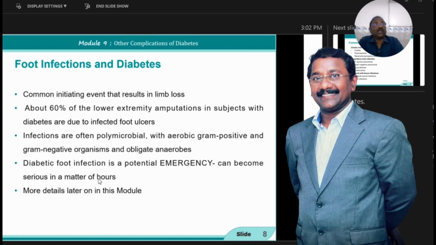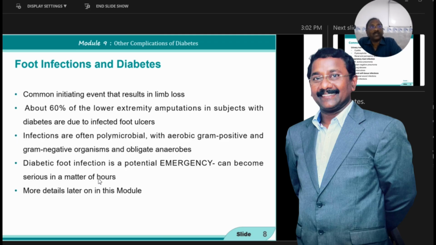60% of the lower extremity amputations in subjects with diabetes are due to infected foot ulcers. So infected foot ulcer is a very big problem, and fortunately, they are all preventable causes. So definitely you have to give a lot of advice to the people whose feet are at risk. So whose feet are at risk?